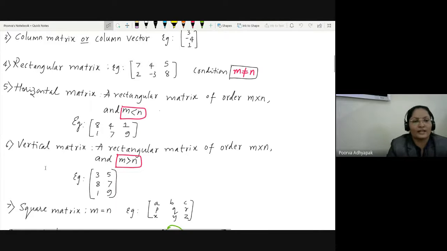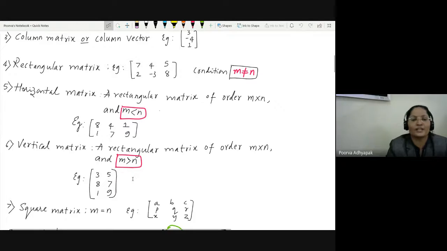Coming to the next one, that is vertical matrix. Vertical matrix is the same as the previous one, but the must condition is m should be greater than n. Number of rows should be greater than number of columns. The example which I have taken is 3, 5, 8, 7, 1, 9. Here number of rows is 1, 2 and 3, whereas columns is 1 and 2.